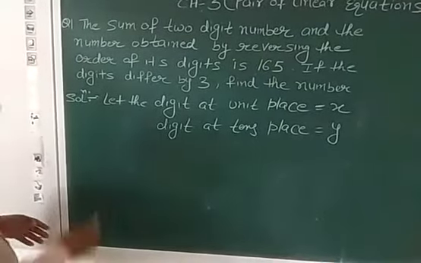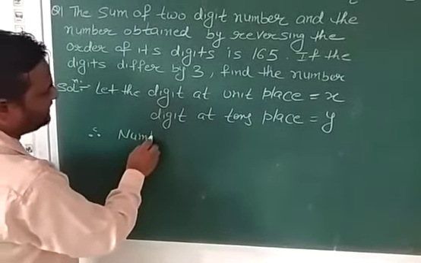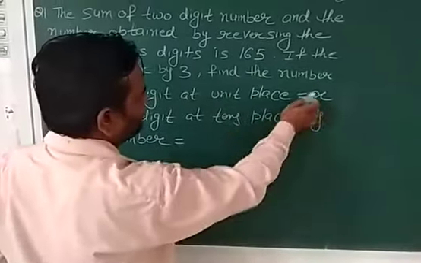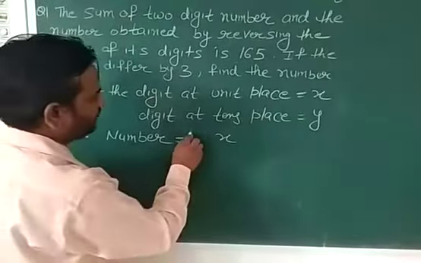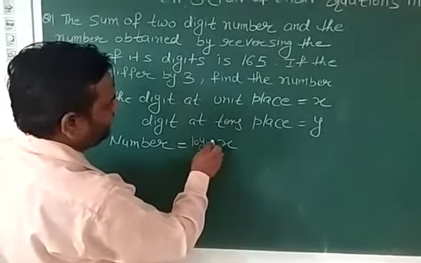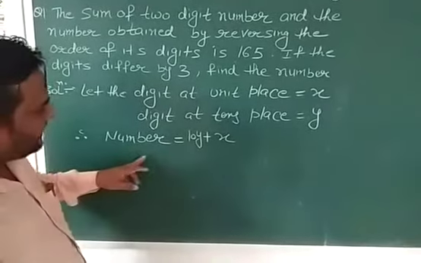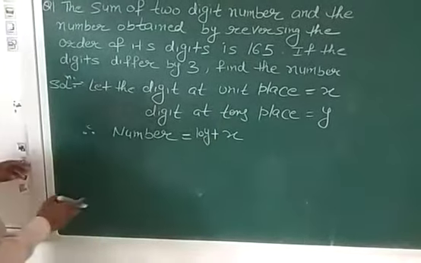So the original number is what? The ones place has x and the tens place has y, so we multiply by 10: 10y plus 1 into x, we get x. So finally we can say that our original number is 10y plus x.